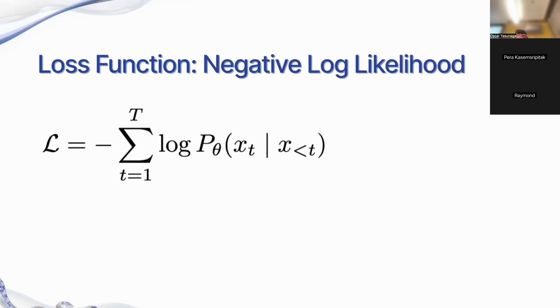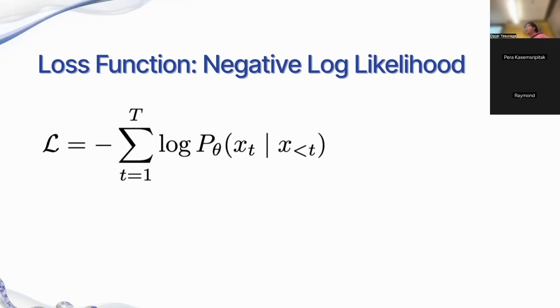In terms of loss function, it's just the negative log likelihood, where x_t is the token that you're trying to predict, and x_t here would be the target that you're providing. It seems very simple, because negative log likelihood, you learn maybe within the first 2-3 weeks of an intro to machine learning course.